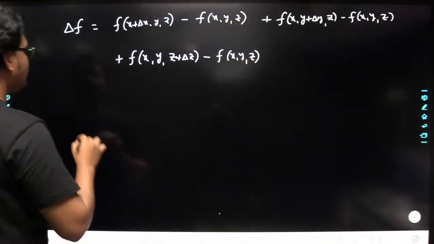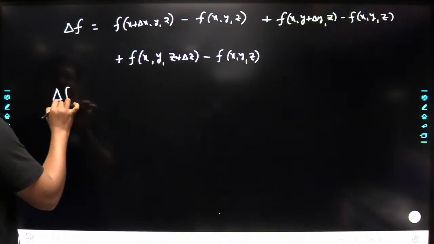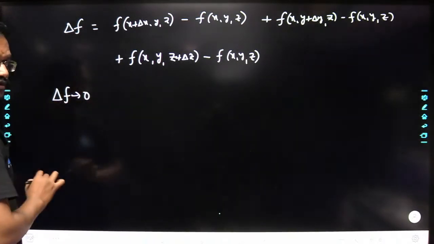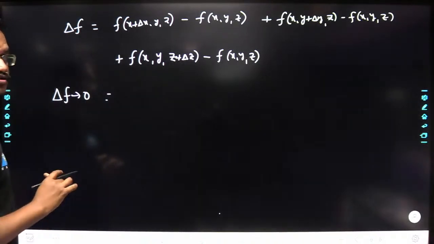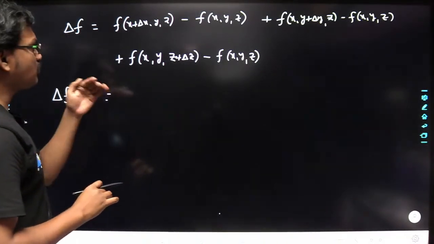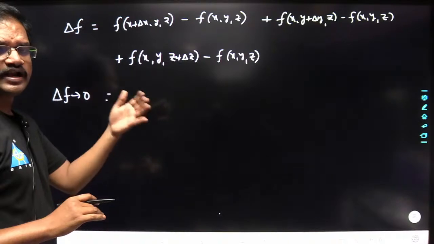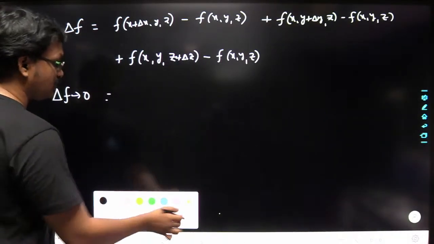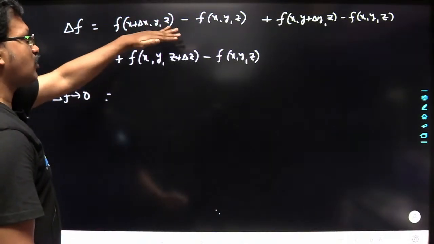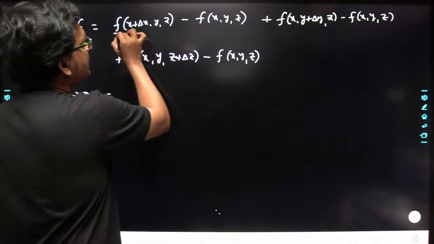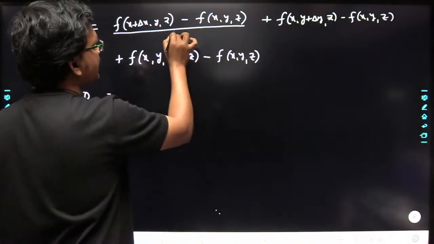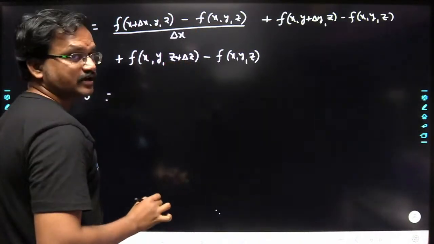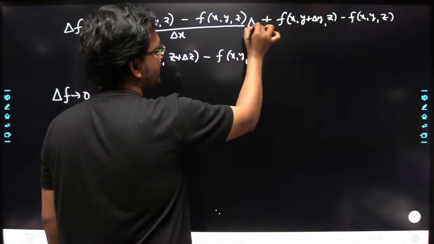Okay. So now see here. Now if I make delta f tend to 0, then on the RHS also you have to make delta x tend to 0, delta y tend to 0 and delta z tend to 0. Now see here, what I am going to do is, I am dividing this with delta x and multiplying with delta x.